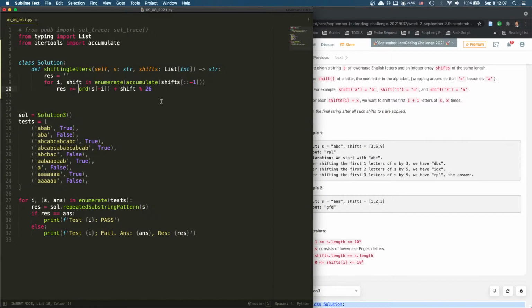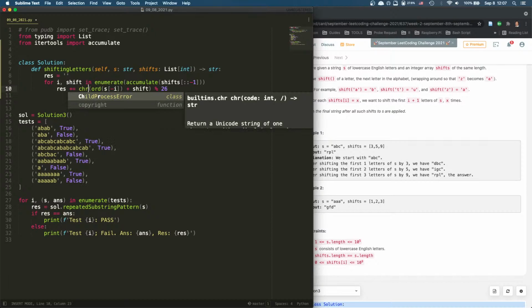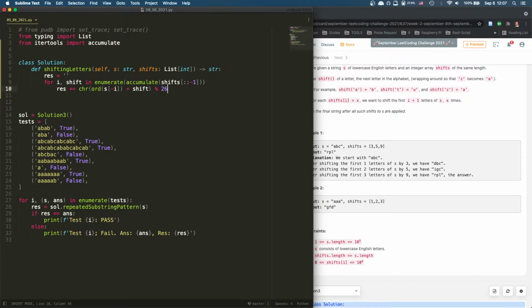It is mod 26, but it's still a wraparound, so it should be this plus shifts mod 26. Yeah, I think it should be this plus shift mod 26, right? And this one will be chr, and then we can return a result.